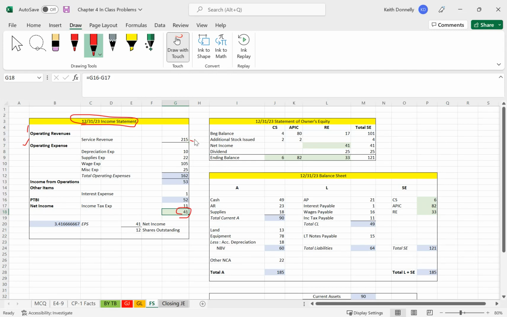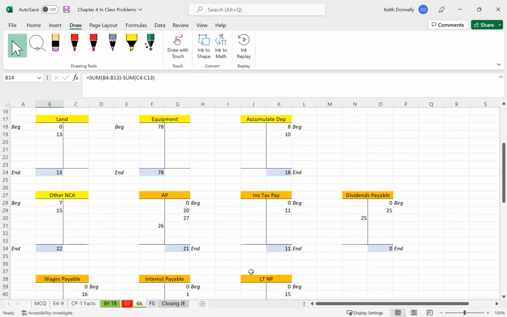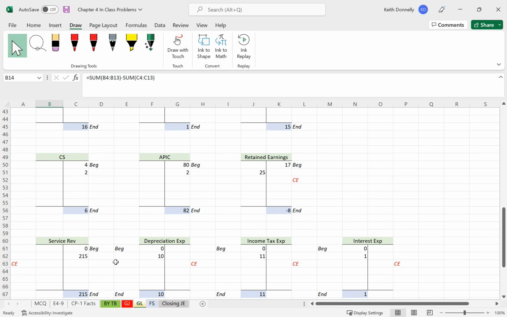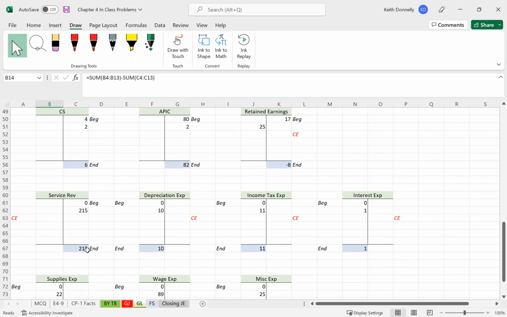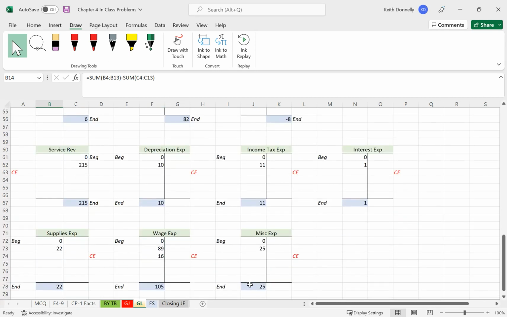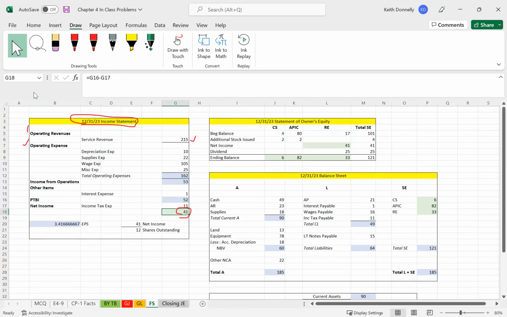Our revenue, $215, is the service revenue ending balance, and all the expenses are linked to these accounts. From net income we get our earnings per share, 3.41, and we can carry the net income over to the statement of owner's equity. So step one is the income statement.